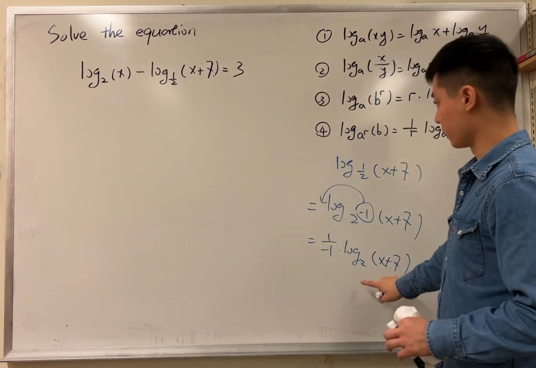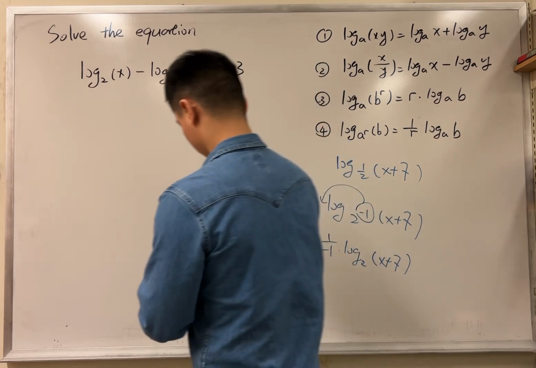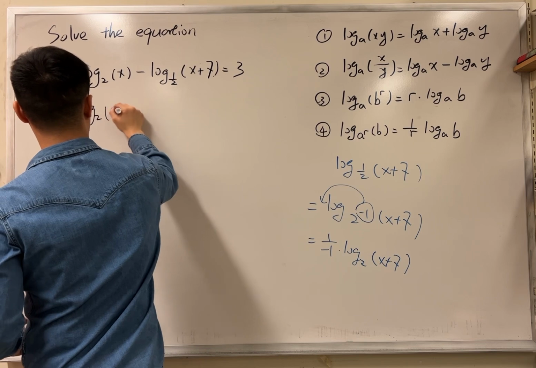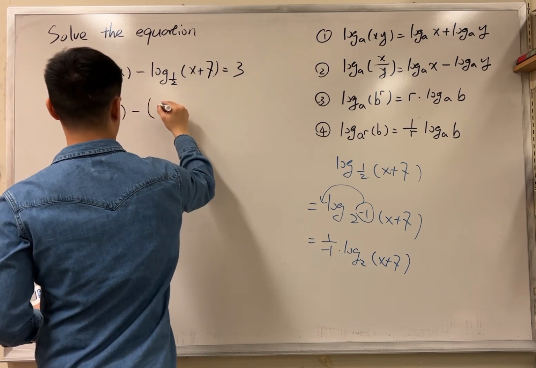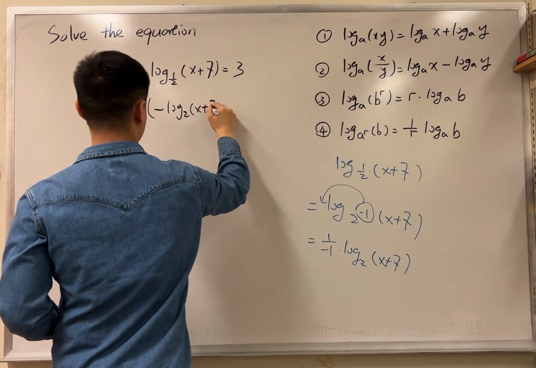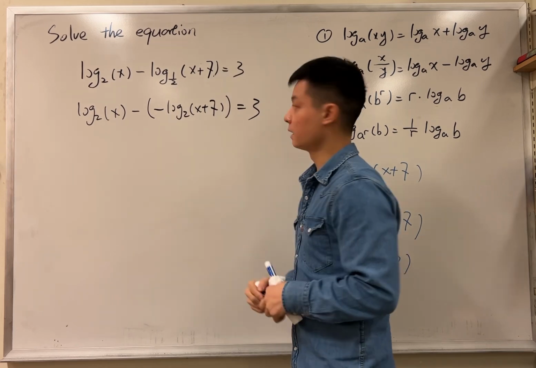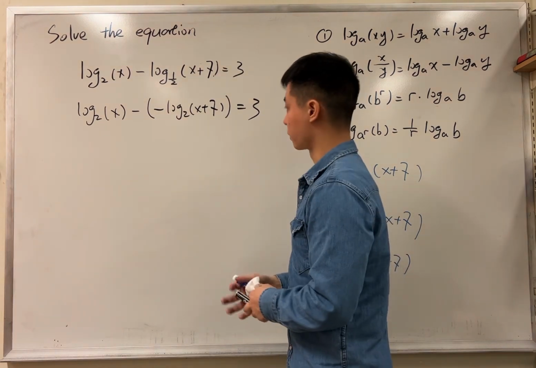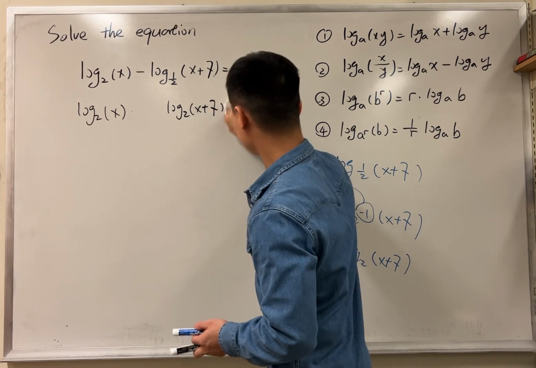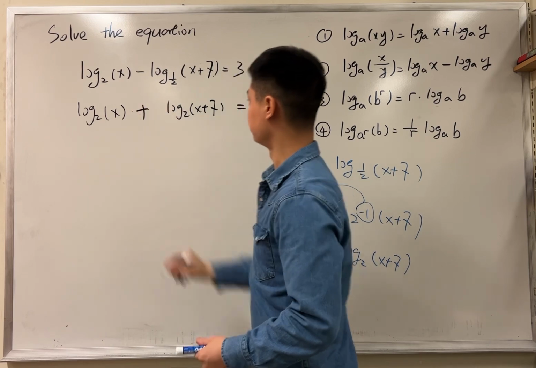And then we will replace this guy with this. So we have log base 2 of x minus log base 2 of x plus 7 equals 3. Okay? And obviously these two signs cancel. So we have plus sign, that is like that.